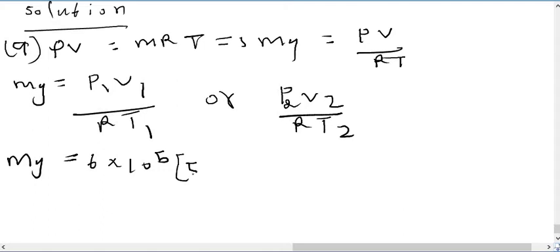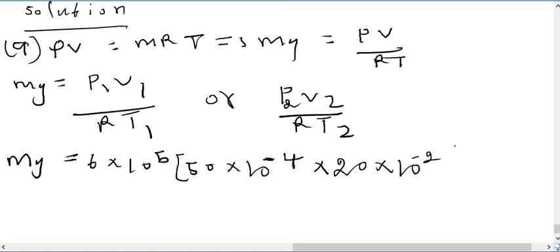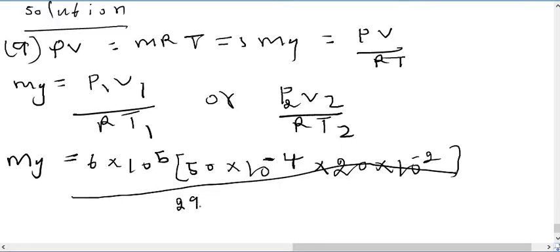The area is 50 centimeter squared, we convert it to meter squared, times 10 to the power of -4, times the height, which is 20 centimeter, we convert it to meter, then 10 to the power of -2, all over the gas constant, which is 297, times the temperature T1, which is 270.